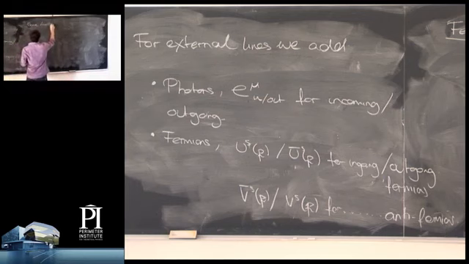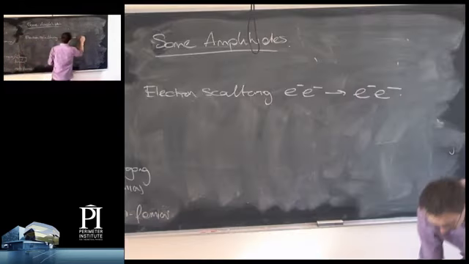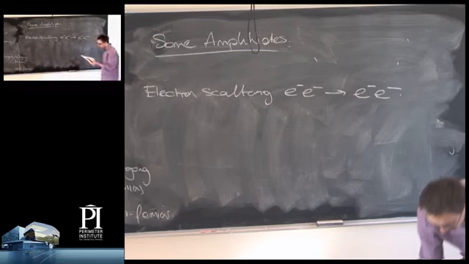let me just write down for you some amplitudes using these Feynman rules. So firstly, electron scattering. So electrons are universally written as E minus, and positrons are written as E plus.